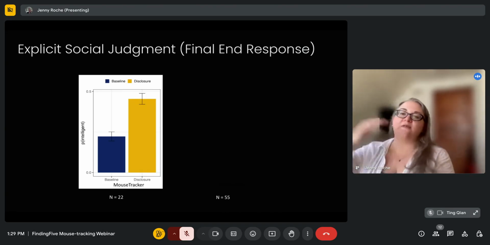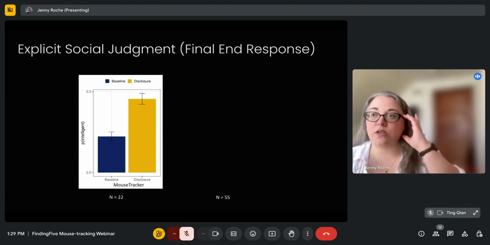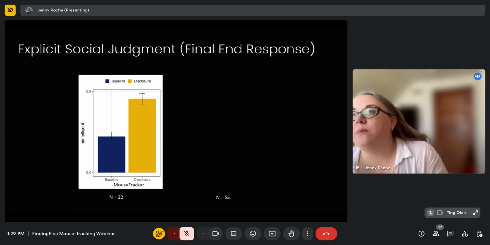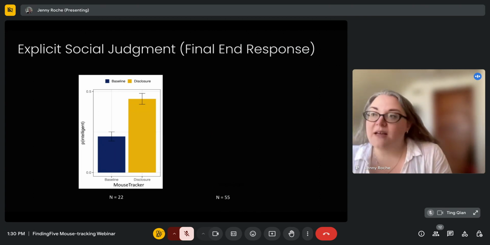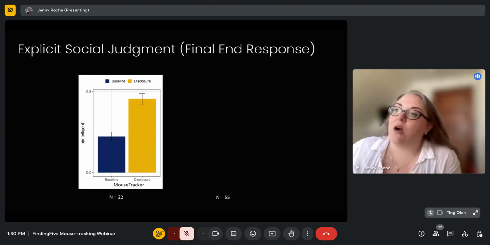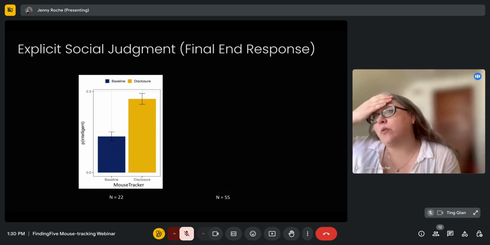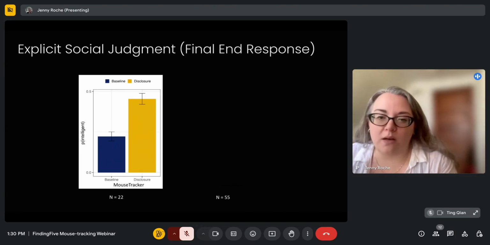And so this is just the final end response. This is related to all of the data that has been collected over the past 10 years, showing that when people who do not stutter rate other people who do stutter, they tend to call them less intelligent. So on the y-axis, it's the proportion intelligent, and it goes from 0 to 1.